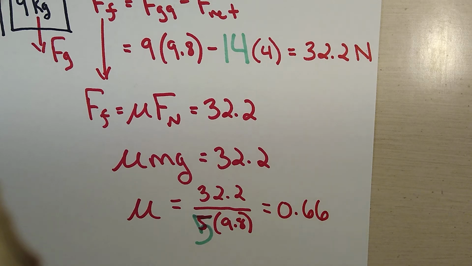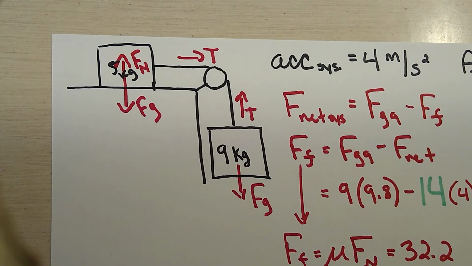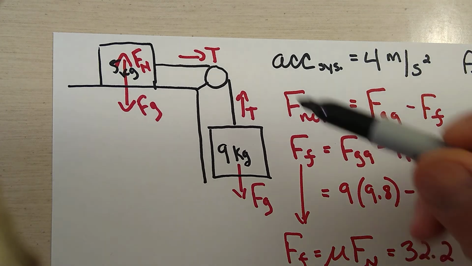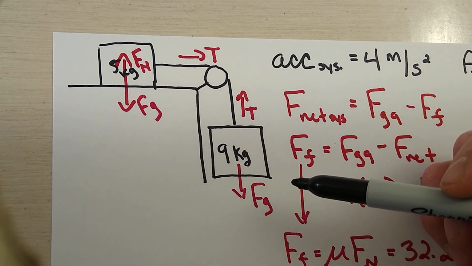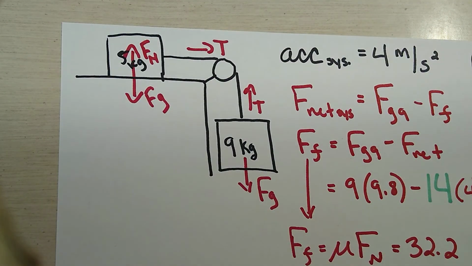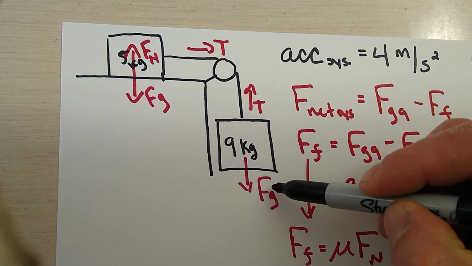We're not done yet. We now want to find out what the tension force is, okay? Now, we could have done this right from the get-go since we already knew the acceleration of the system and thus the acceleration of each individual object, right? So let's just take this guy here and solve for the tension force. So when we don't look at a 2-body system, but just a 1-body system, we'll take a look at the forces acting on it.